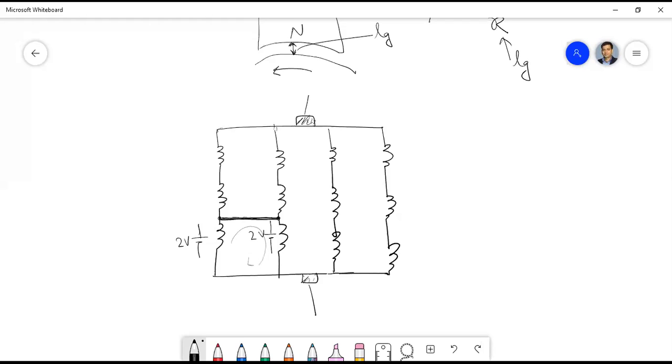Not only that, the current can flow through the brush as well. If the current flows through the brush, then there will be some commutation problem. Sparking can be created. So this type of connection is called the equalizer connection.